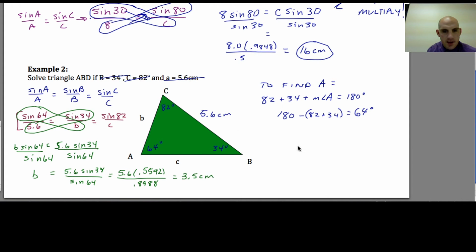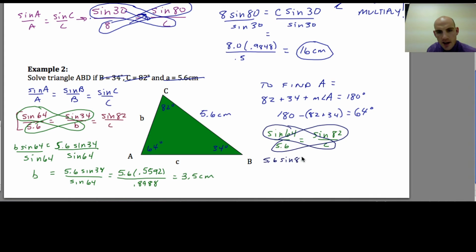Let's do the next one. The next one is going to be set up like this: sine of 64 over 5.6 is equal to sine of 82 over C. Do this little trick here called cross multiplication, so I get 5.6 sine 82 is equal to C times sine of 64, divided by sine of 64.